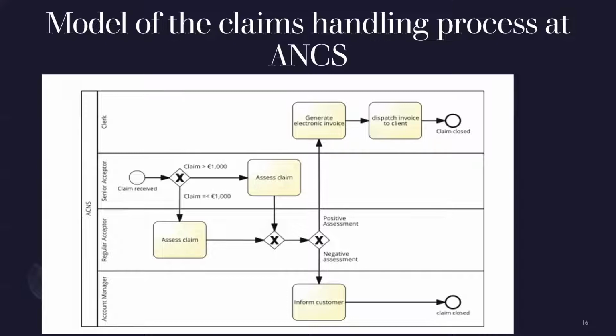For example, in the case of a negative assessment, it is the responsibility of the account manager to convey the bad news to the customer. At that time, we use the case management of ACN. As you can see in the diagram, there are two sub parts: the procedure that specifies the various activities, and the various participants who are involved in carrying out these activities.